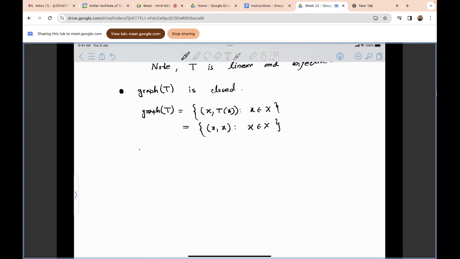So we have to check: let xn converge to x in X and xn converge to y in Y, then to show x equals y.